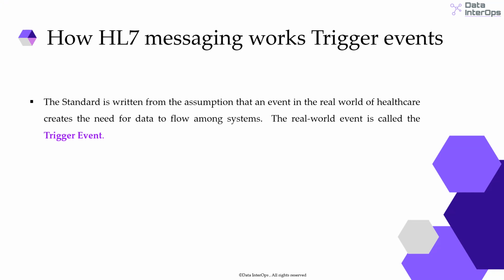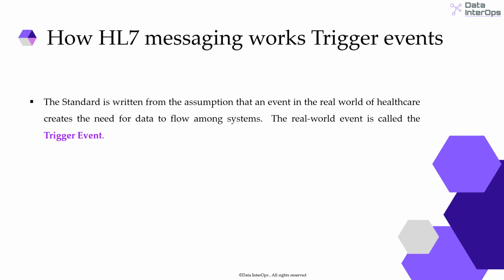He comes to the receptionist, says that he's here for the first time and gets registered. Registering a patient is one event. And after that, he finds that he has given an incorrect phone number. So he asks them to correct that phone number immediately, and then the phone number gets updated. That is another event.